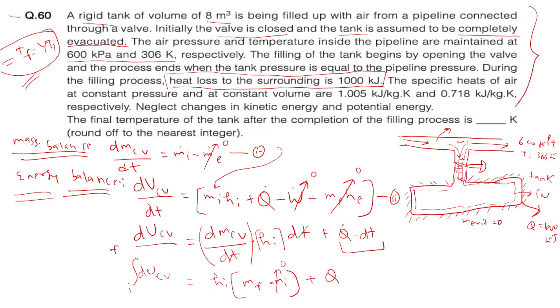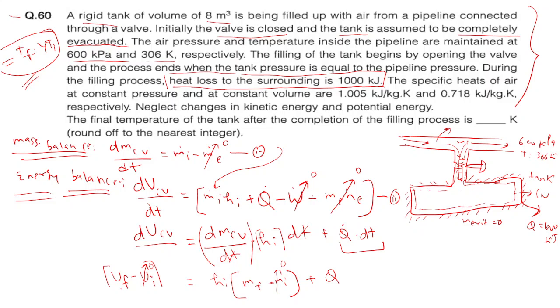And what is the change in internal energy of the control volume? Let's suppose finally we will write internal energy at the final stage minus internal energy initially, and initially no mass is there inside, so this internal energy is 0.